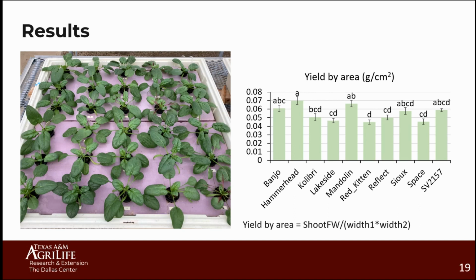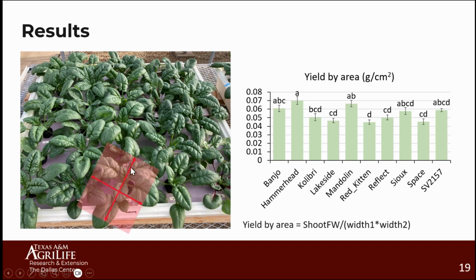And we also generated a parameter, yield by horizontal area. So the horizontal area is here. We calculated the area of this rectangle. This is in an early stage of the plants, but when we harvest, you can see it can represent the area that a plant occupied horizontally.